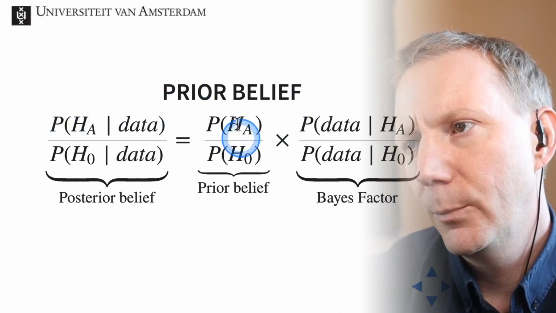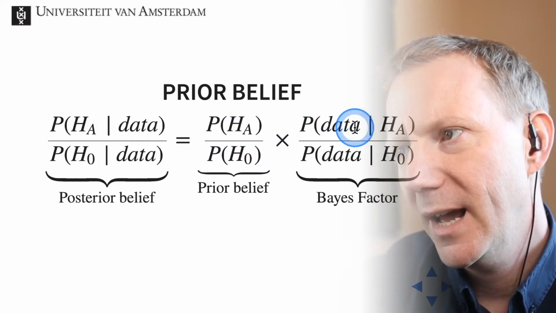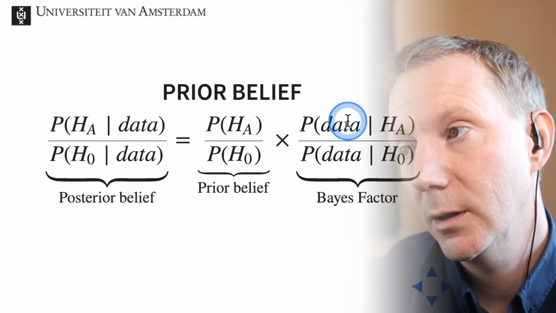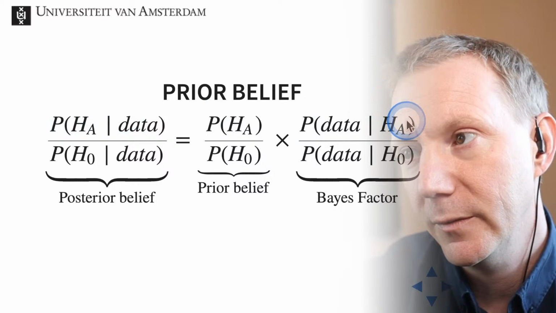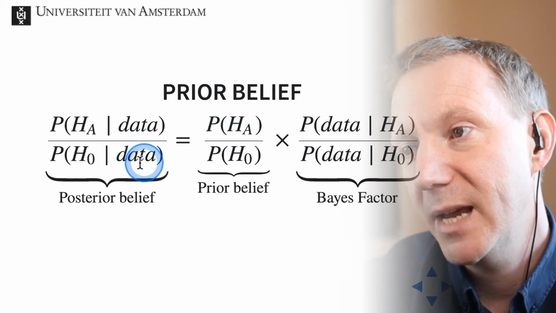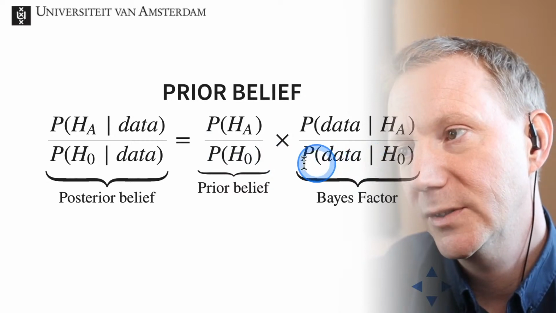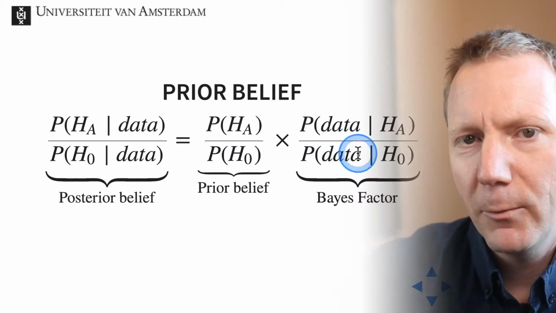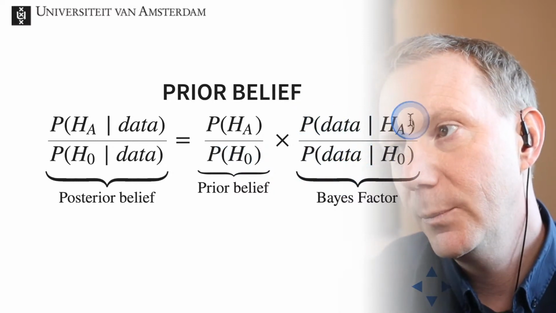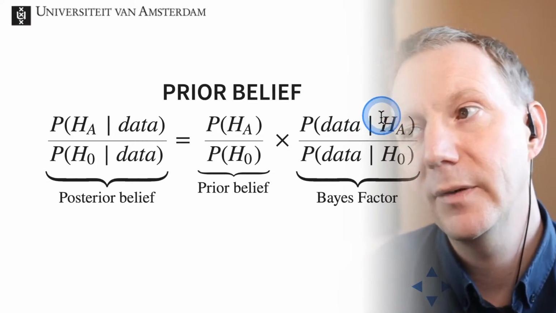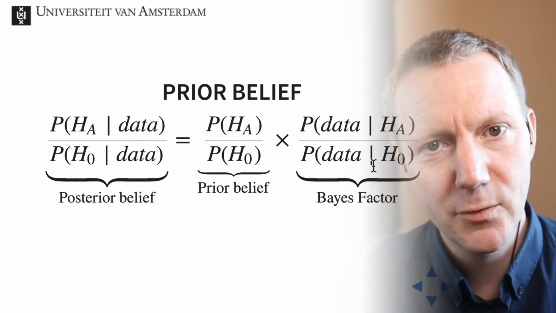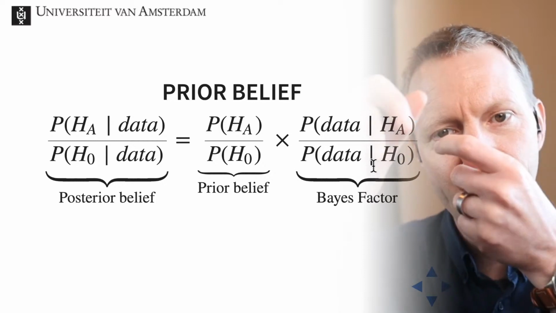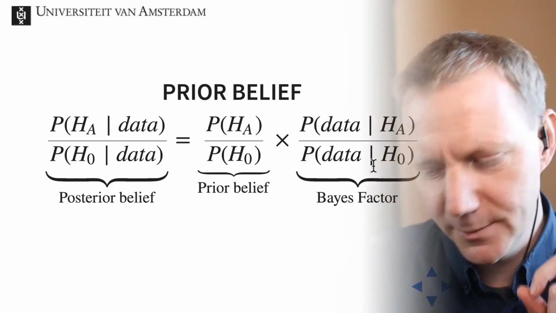Updating your prior belief based on the likelihood to get to your posterior belief would hold for your alternative hypothesis, but the same would hold for an H0 hypothesis. If you look at the ratio, it would be high if the top one has a higher value than the bottom one. That makes sense, just like a signal to noise ratio. This is one hypothesis pitted against the other hypothesis.